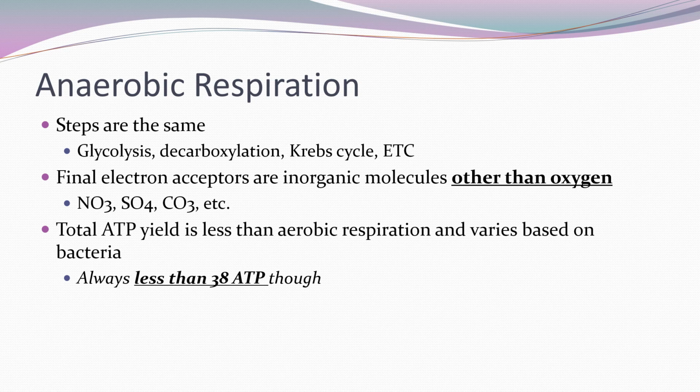So, gentle reminder, oxygen is the best electron acceptor because it will produce the most ATP. But anaerobic is still good, but it will not produce as much ATP, always less than 38.